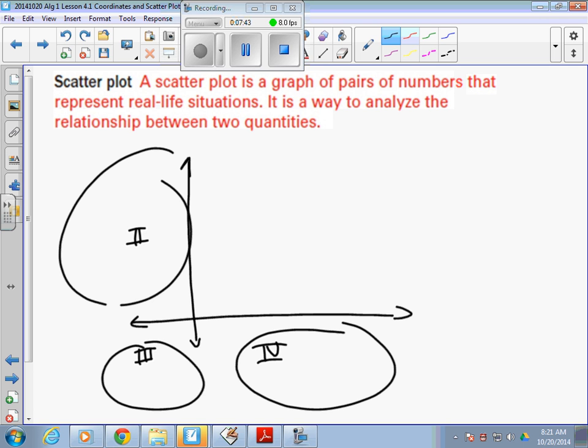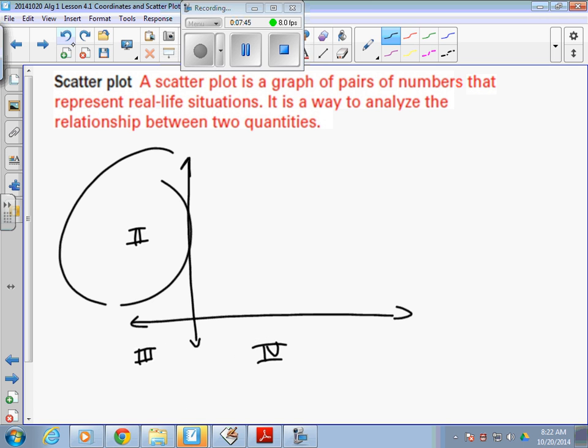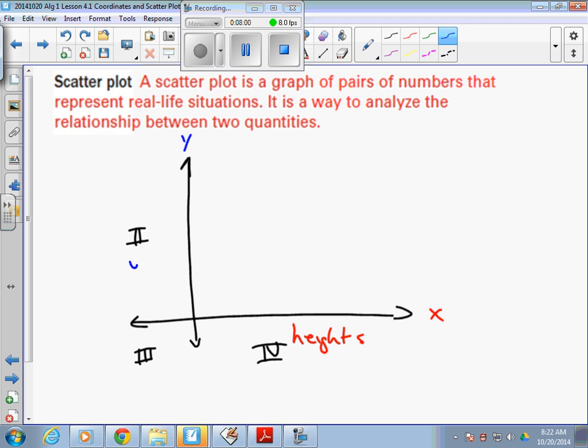So for example, if you're talking about heights and weights of football players or something like that, on the x-axis, which is the one going across right here, you might say heights right here. And on the y-axis, that's the one going up and down, you might say weights. And again, this is all stuff I know you guys have seen before, heights and weights.